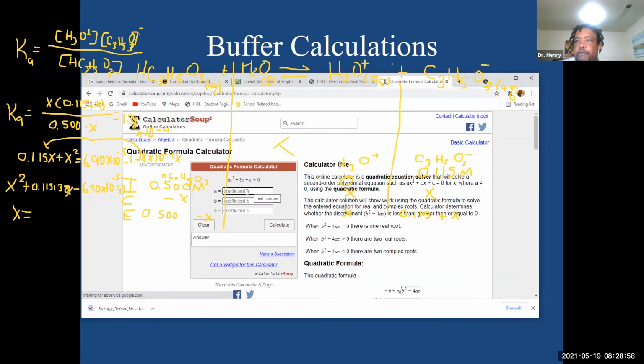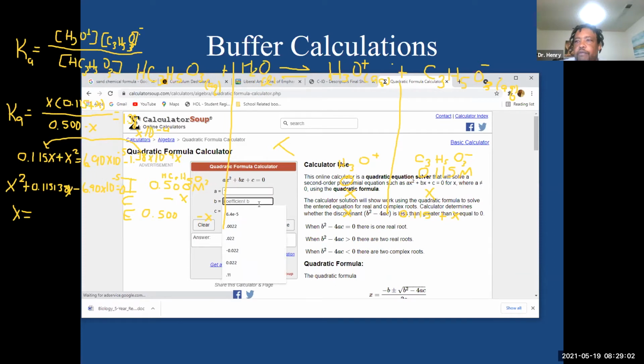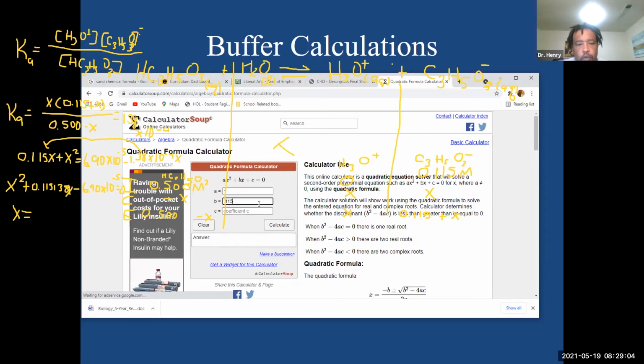We have 1 for a, 0.115138 for b, and then we have minus 6.90 e to the negative 5. Oops, negative 5, not 4. Let me put a 9 there. Okay. We want to calculate.